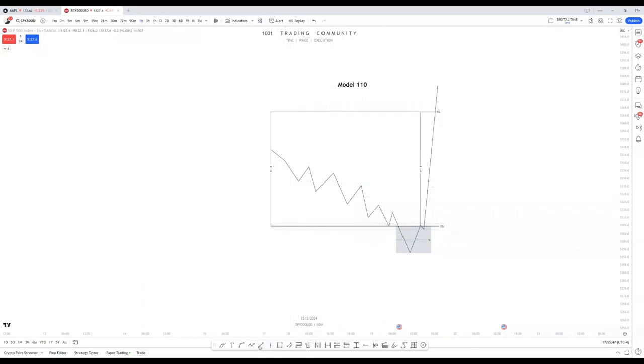So we have inner intervals here that we're observing when it comes to time. And then we have our root candles, remember? 1110 and 1121 for model 110. Anywhere beneath that, as we talk about with the time models, is going to be discount. But then we're looking at the higher time frame PD arrays.